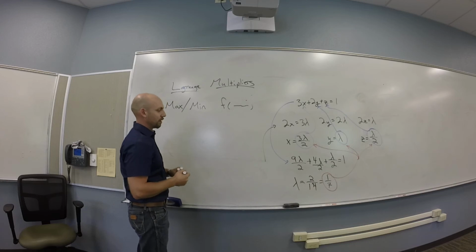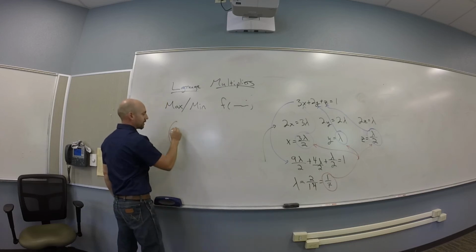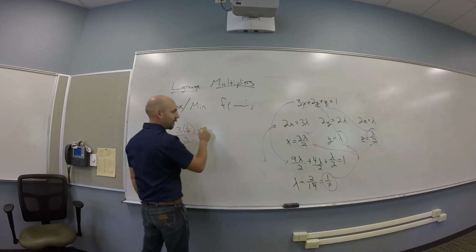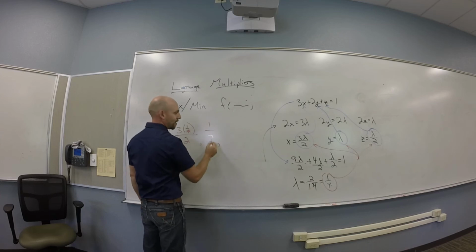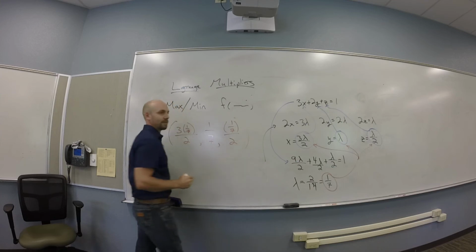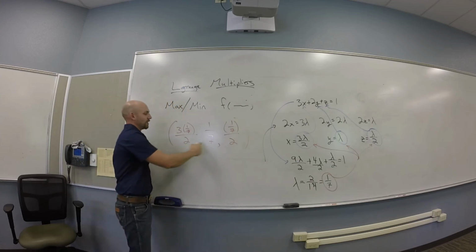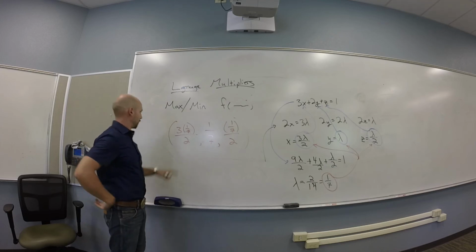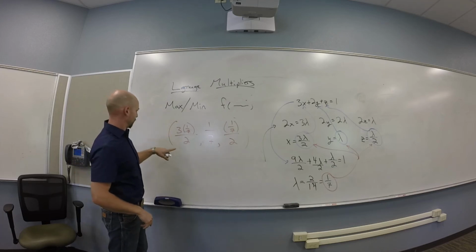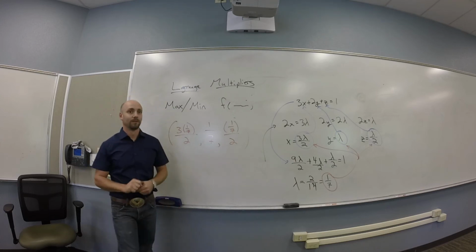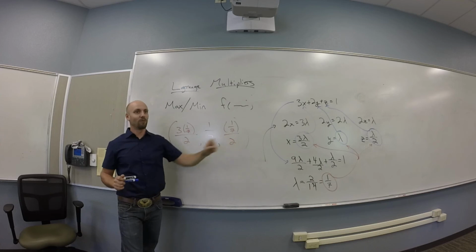I'm going to get my point that's 3 times 1/7 over 2, comma, 1/7, comma, 1/7 over 2, which is 3/14, 1/7, and 1/14. Thank you. 3/14, 2/14, and 1/14.